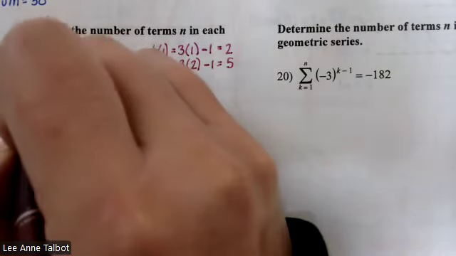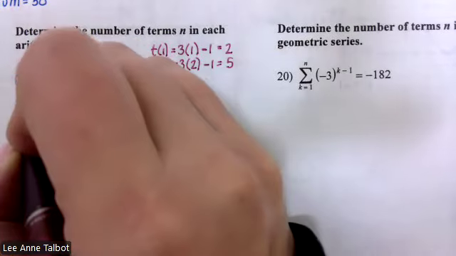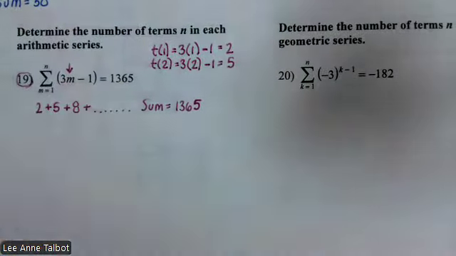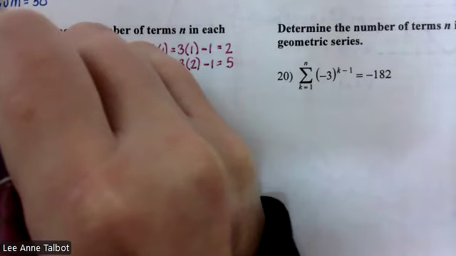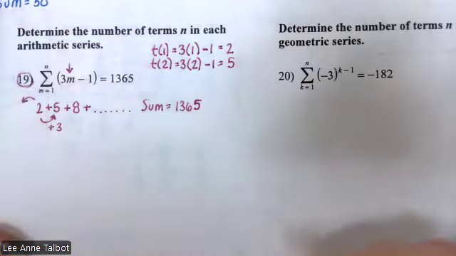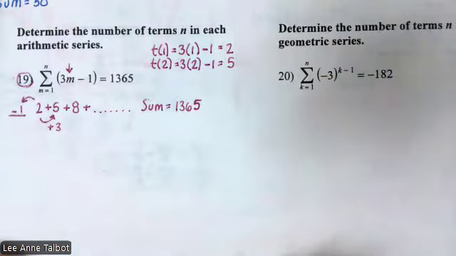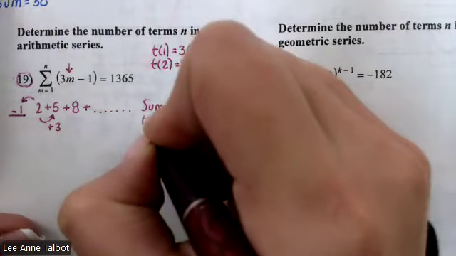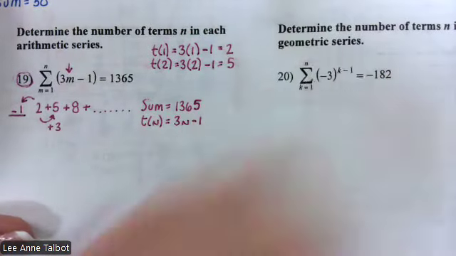Hold on. I want to leave room. Now I'm going to do something kind of redundant, but I want you to see what I'm doing. So this is going up 3 each time. Term 0 is -1. So T of n equals 3n minus 1.